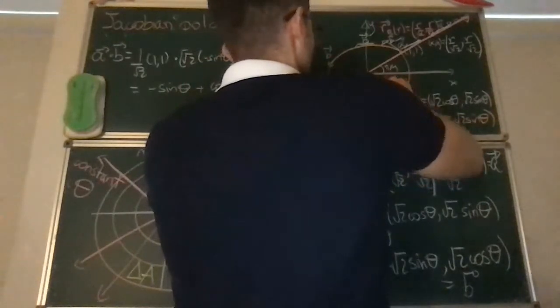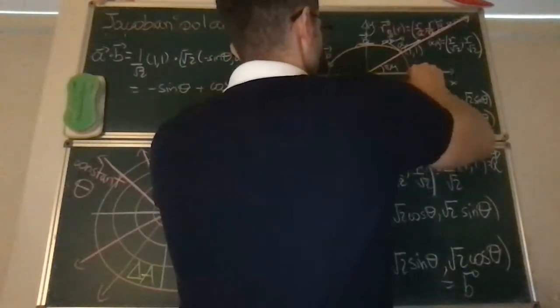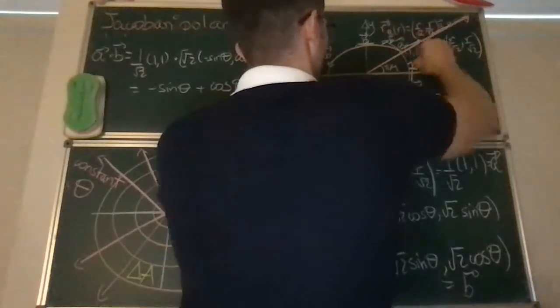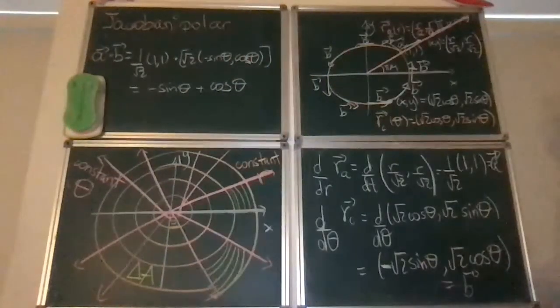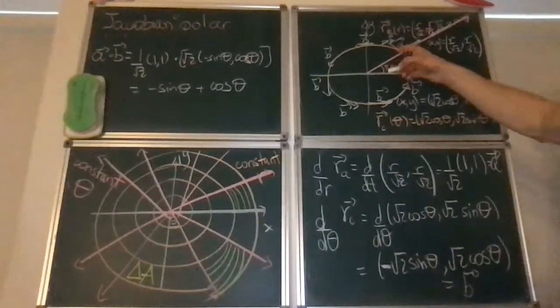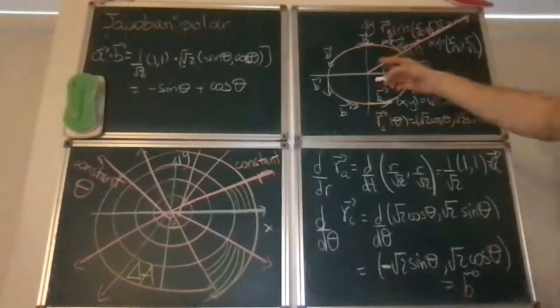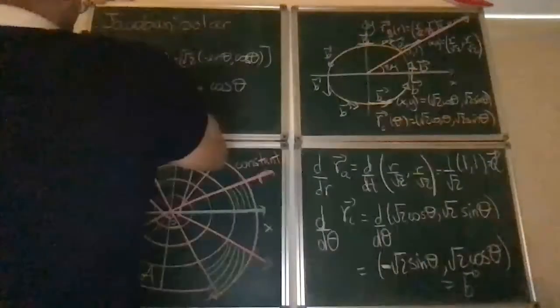So if you want to compute their dot product, really what I'm doing is evaluating at a specific point. Say I'm computing the dot product here because we were starting at the point 1 comma 1. So at 1 comma 1 the angle theta was pi over 4, and so this is 0.